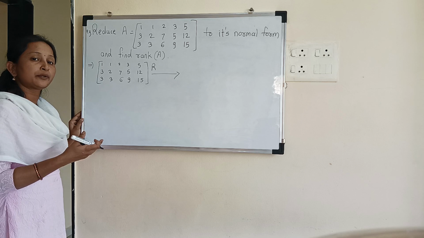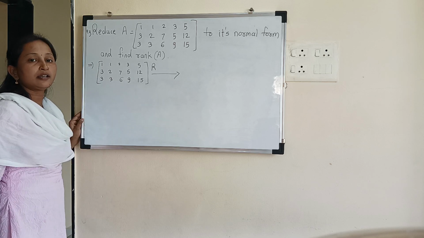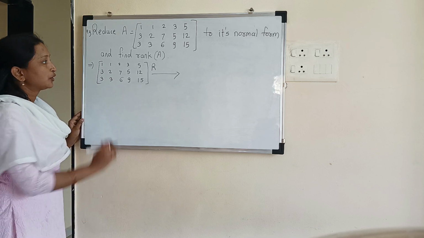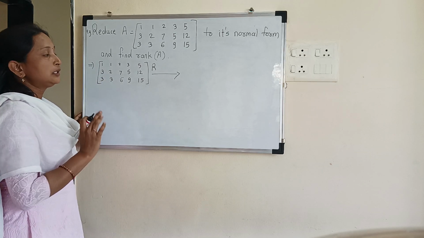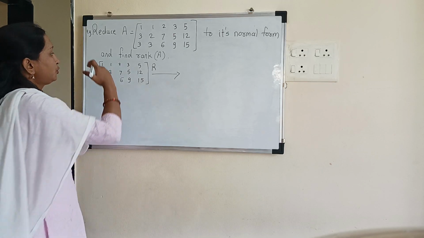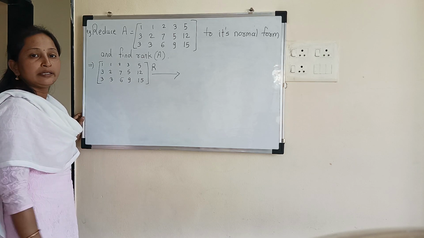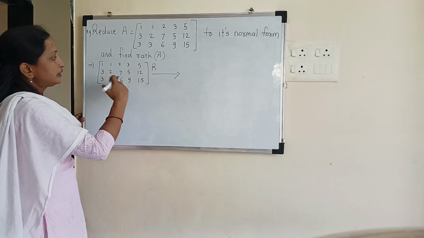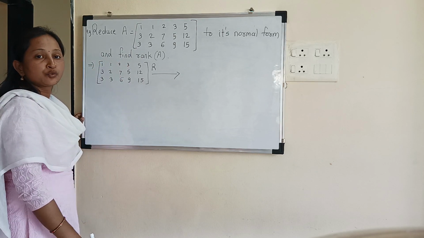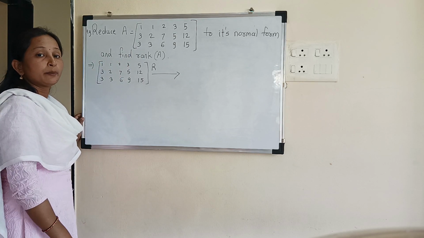In the case of column operations, we also use the same criteria as for row operations. So now you have to make 0 here, make 0 here. In normal form, keep in mind that to make all lower diagonal entries 0, you have to use elementary row operations, and to convert upper diagonal entries to 0, you have to use column operations.